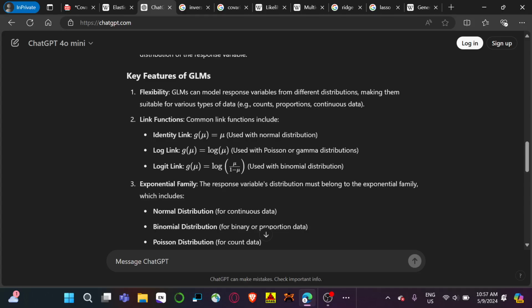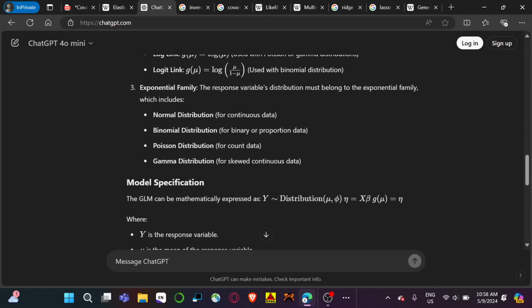Identity, basically. I see. So the link function is like applying some kind of transformation to the original mean of the distribution. So you can use the link function to transform it into some other kind of distribution, I think. Okay, that's interesting.